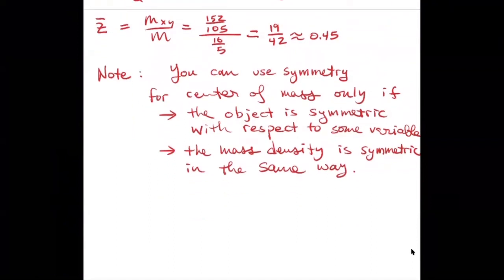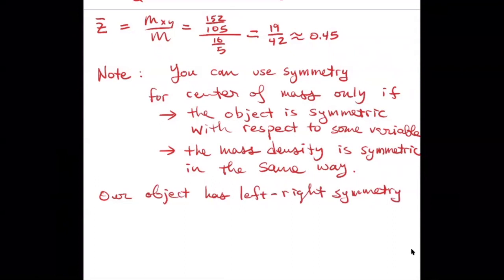But our object has left-right symmetry and uniform mass density, which tells us both of those facts are required.